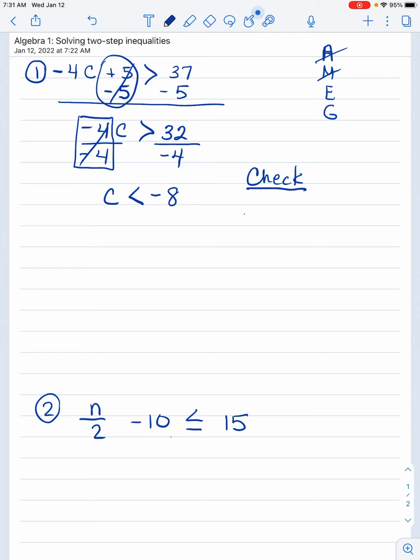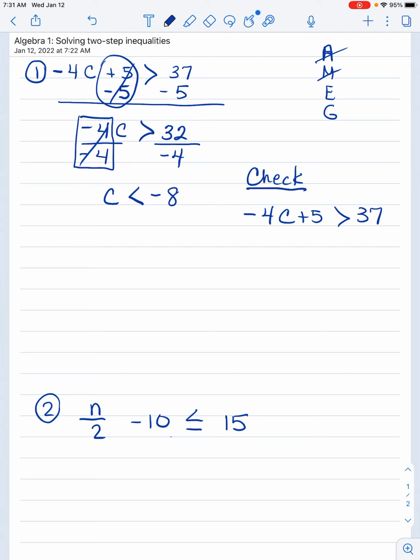I have my original inequality, negative 4c plus 5 is greater than 37. Now if my c value has to be less than negative 8, I'm going to make it easy on myself. I'm going to make c be negative 10.